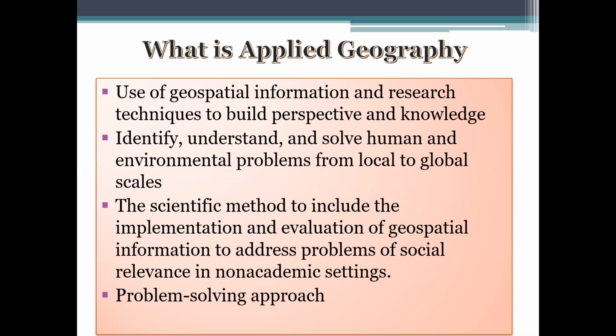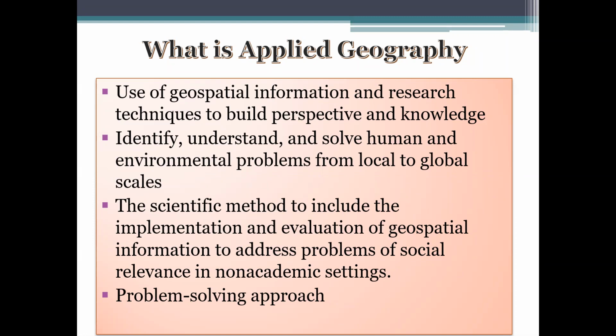Third one, applied geography seeks to use the scientific method of academic geography. It is very important.